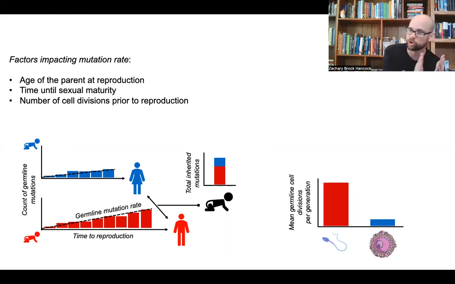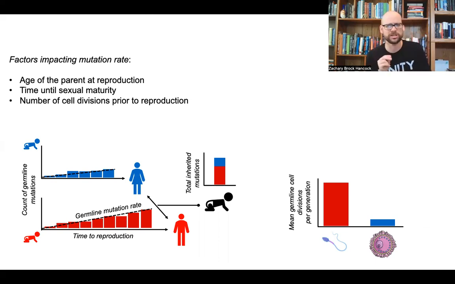The longer it takes before you are able to reproduce, the more cell divisions have happened. And the more times your cell divides, the more times DNA replication has to occur. The more replication occurs, the greater the chance that there are going to be some mutations, right? So that helps to explain why we see this correlation between parental age at reproduction and the per generation mutation rate.